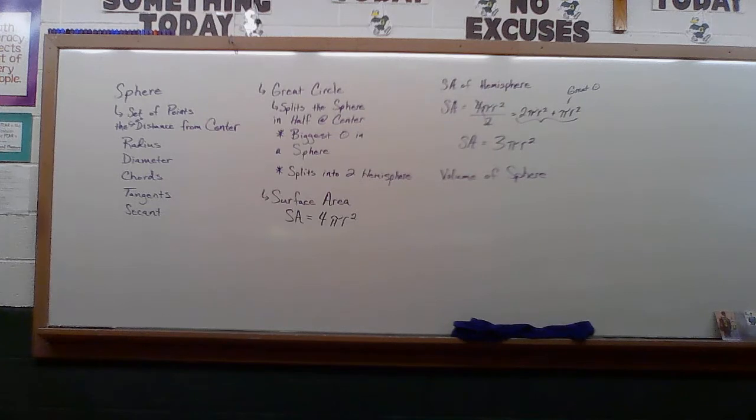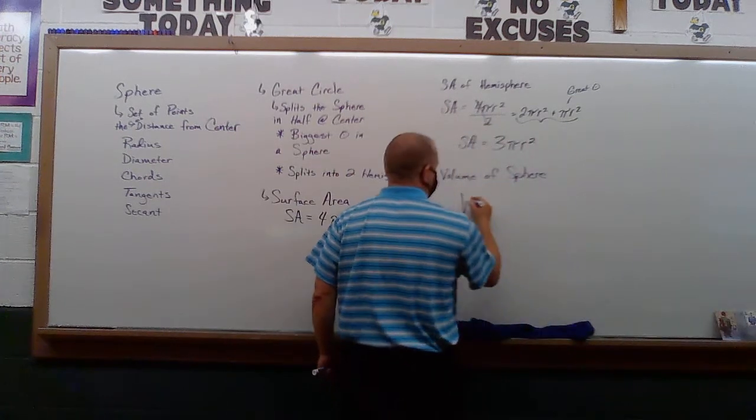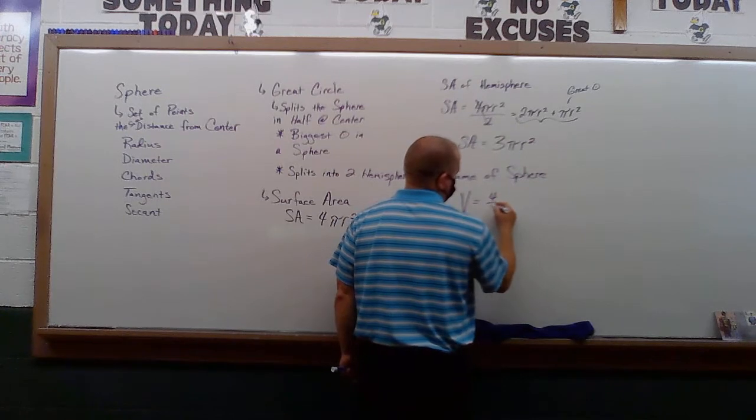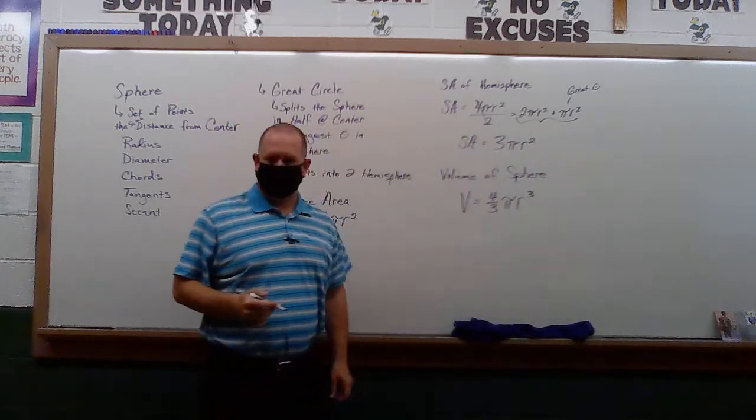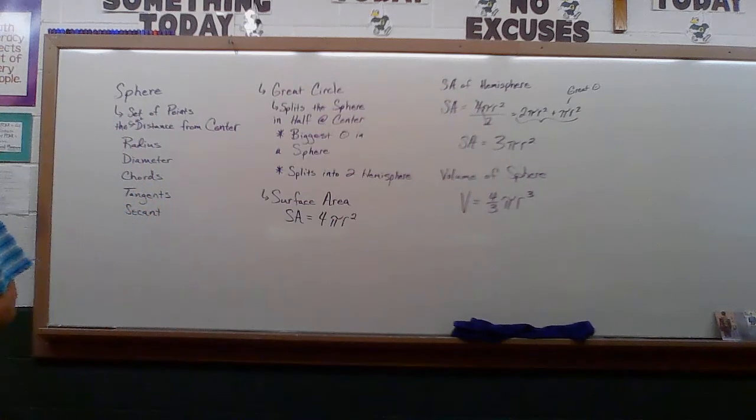R cubed. And if I took 4 times 1/3, I'd get what? What's 4 times 1/3? 4/3, right? So my volume of a sphere, combining those two things, is 4/3 pi r cubed. And that's how they come up with that.